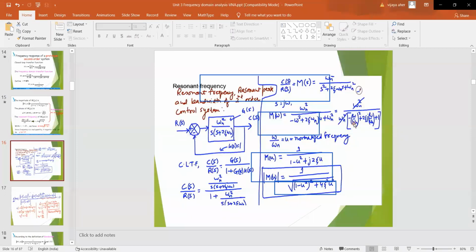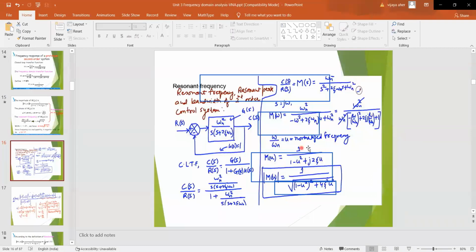Here I put u, and here also I put u. So my equation becomes like this. You can write the equation for M(u), where u is normalized frequency, as 1 divided by 1 minus u square plus j into 2 zeta into u, since omega by omega n is nothing but u. So you will get this equation.